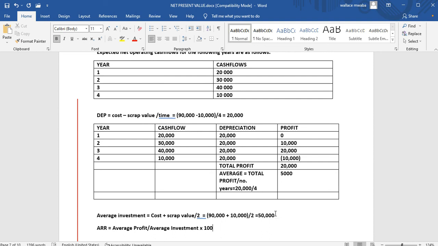Our average profit was 5,000. We divide by our investment, which was 50,000, and multiply that by 100. 5,000 divided by 50,000 is 0.1. 0.1 times 100, we get 10%.